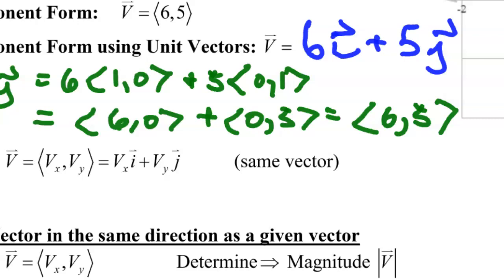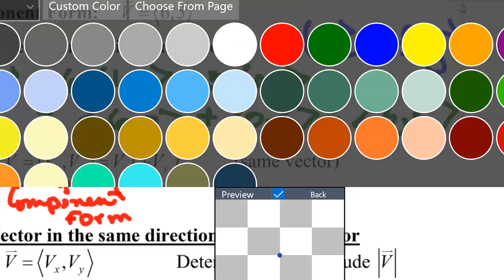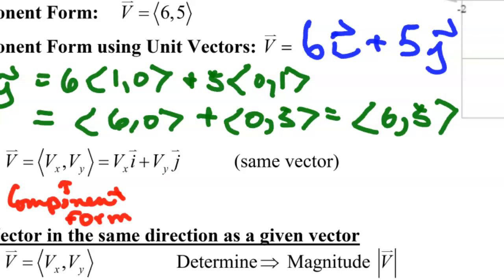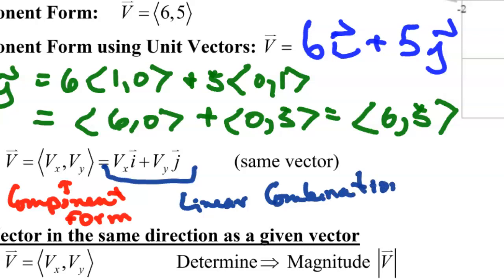I can write a vector as component form, which is right here, with your pointy brackets and Vx comma Vy, or I could write it in this other form, which is right here, with the i's and j's, and sometimes I call this linear combination form.